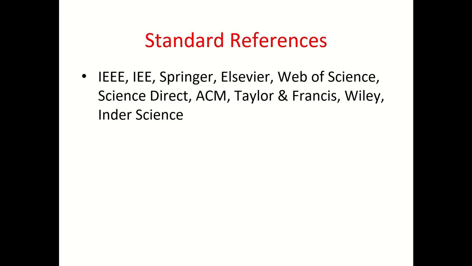If it is an academic product development, then probably you also need to refer to some standard publishers like IEEE, Springer, Elsevier, Web of Science, Science Direct, ACM, Taylor and Francis, Wiley InterScience. These we generally consider as standard references.